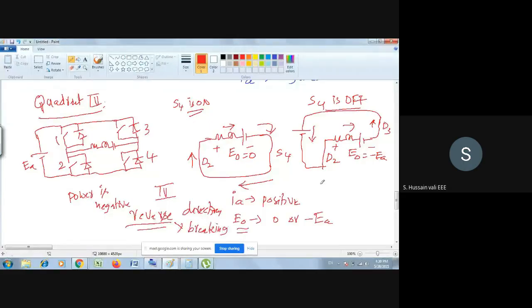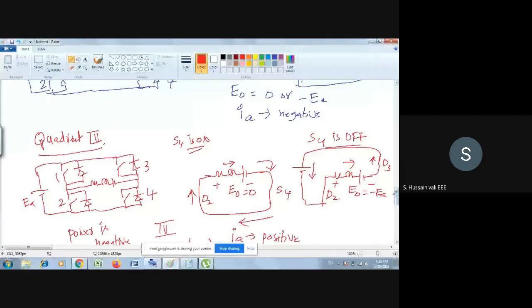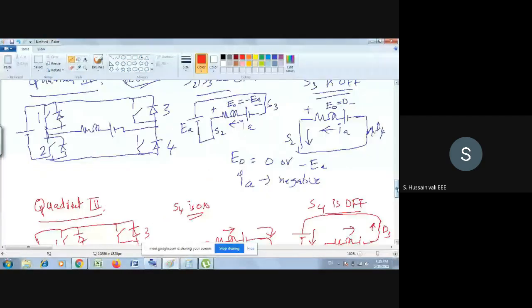Now in the third quadrant, what do you find? E naught is negative, IA is also negative. As E naught is negative, it means the input voltage to the motor is negative. So it moves in the reverse direction. But at the same time, as the power here is positive, it acts as reverse motoring.